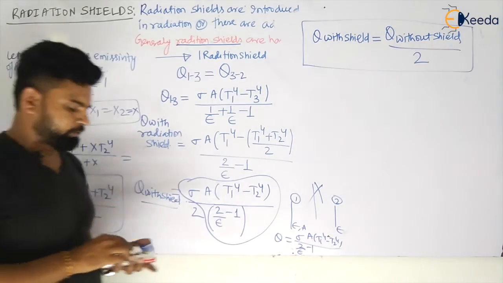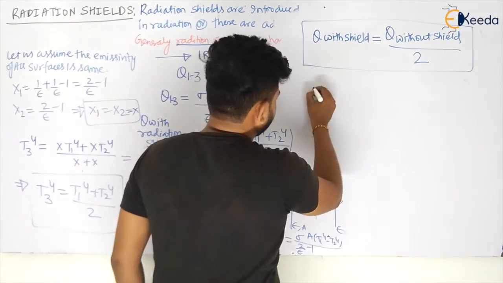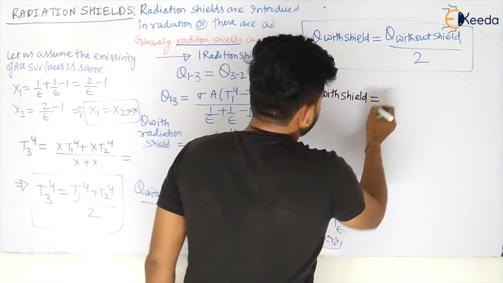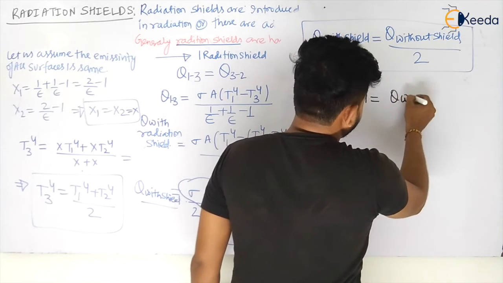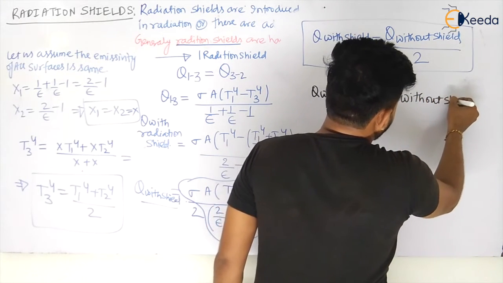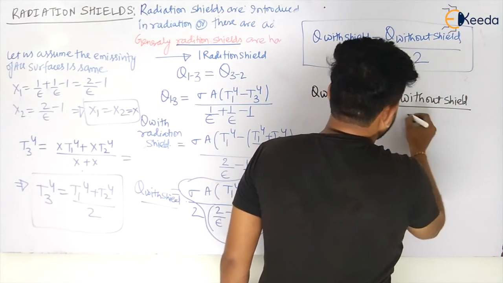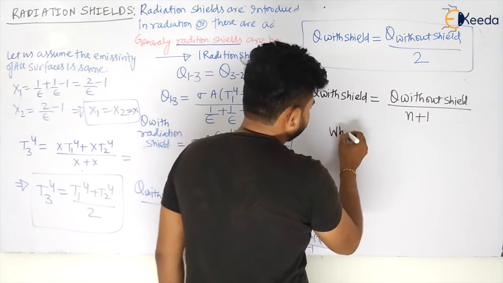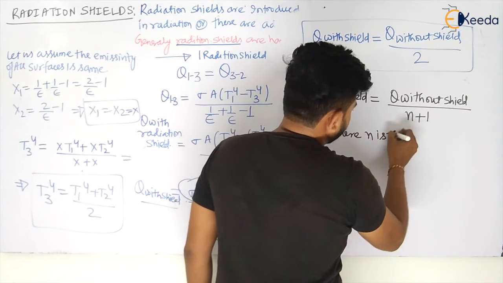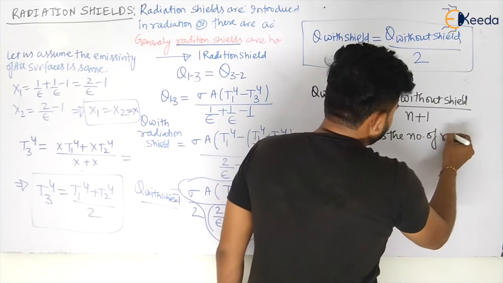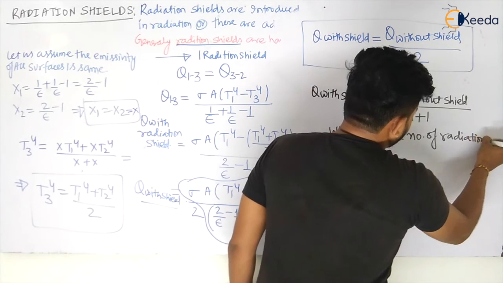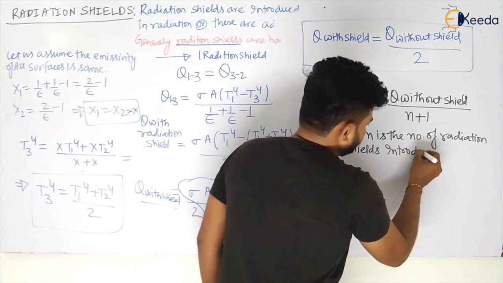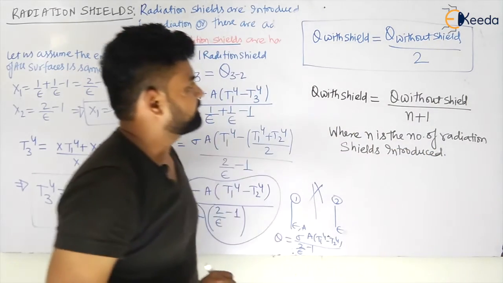So can I write this as Q with shield is equal to Q without shield divided by n plus 1, where n is the number of radiation shields introduced, my dear students. So now let us check it.